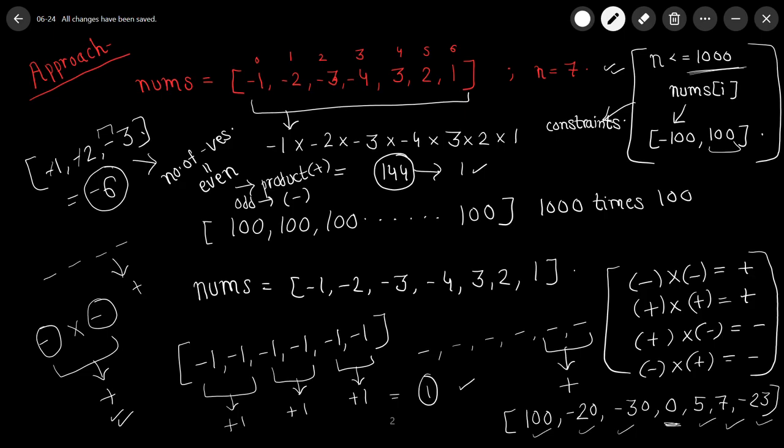So this is also one catch we should take care of: whenever we encounter even a single 0, we directly return 0, because whatever the other numbers, the product is ultimately going to be 0 only. So this was the approach. Now let me code it up, and then things will become more clear.